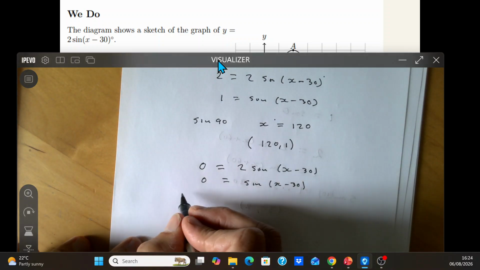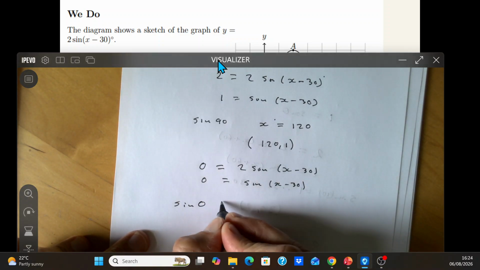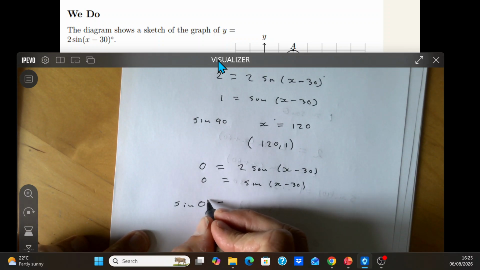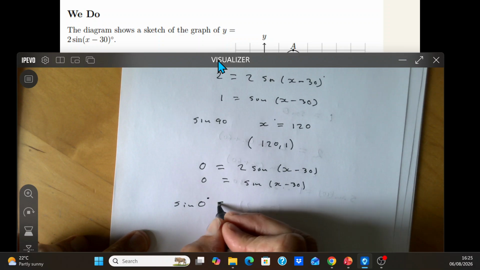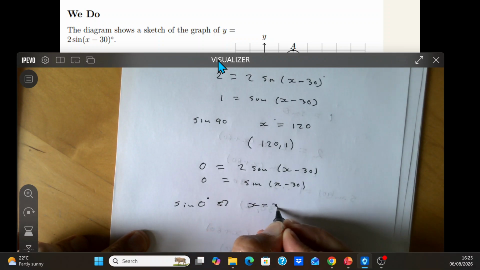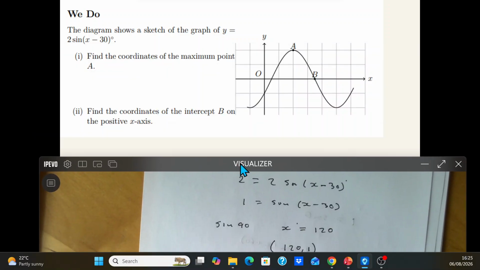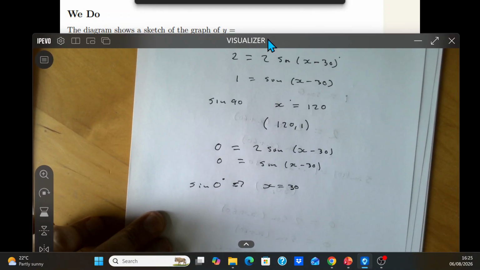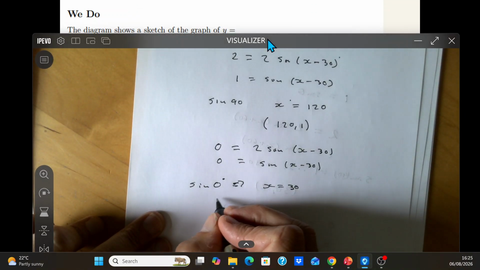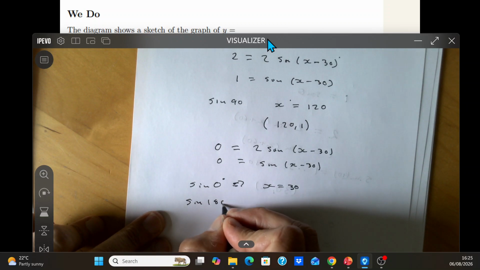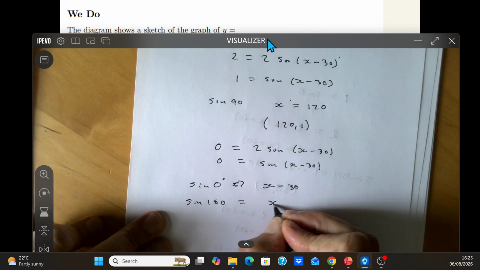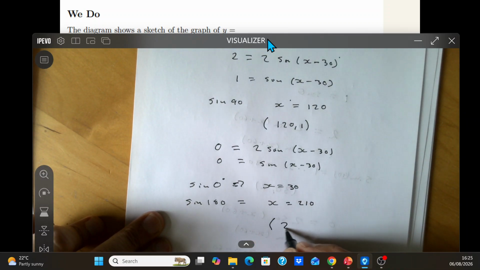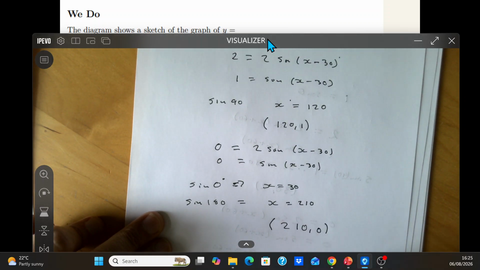So sine of 0 degrees would give me x equal to 30. Look at our graph, x equals 30 is the first intercept there. So it's not that one, it's going to be our second one, which is sine 180. So x must equal 210. So our coordinate pair is 210, 0.